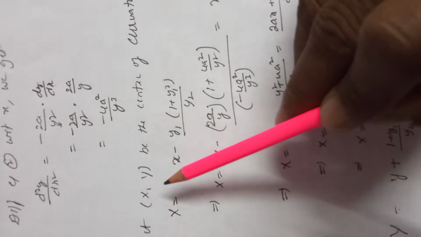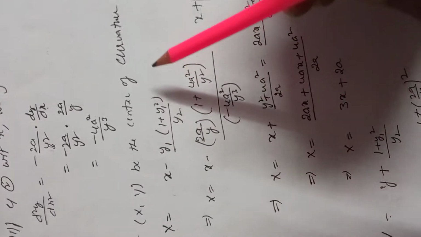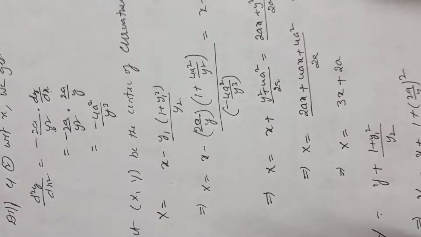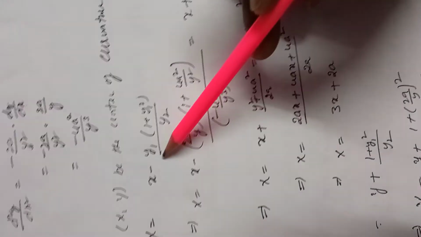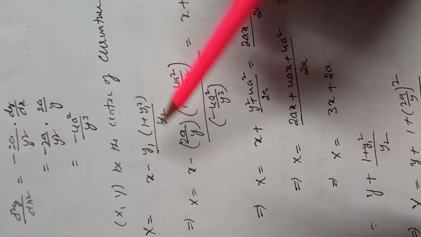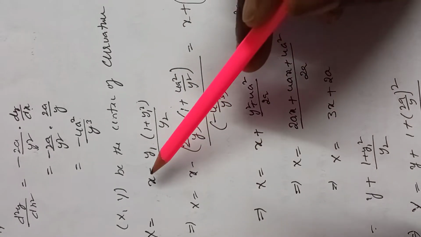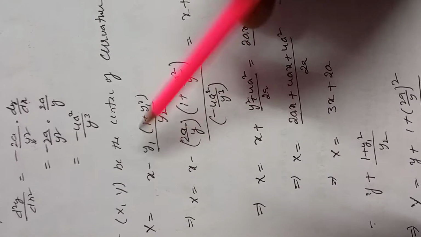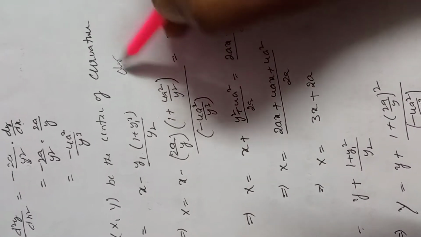Now let capital X comma capital Y be the center of the curvature. Then capital X is equal to x minus y1 into 1 plus y1 square by y2, right? Now x minus capital X is equal to small x minus, what is y1? y1 is nothing but dy by dx.